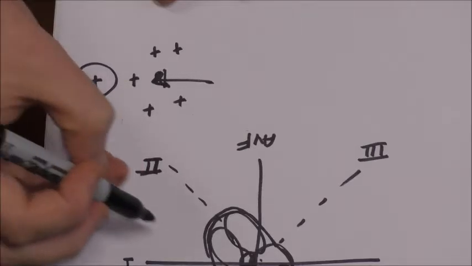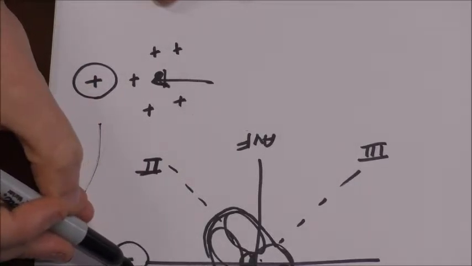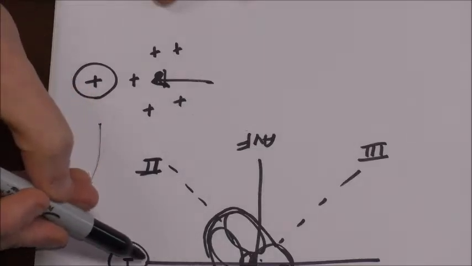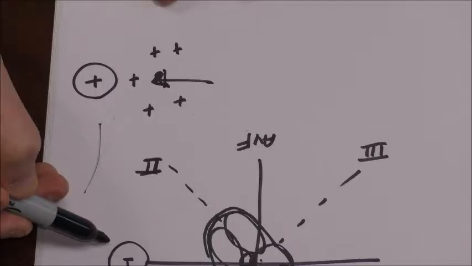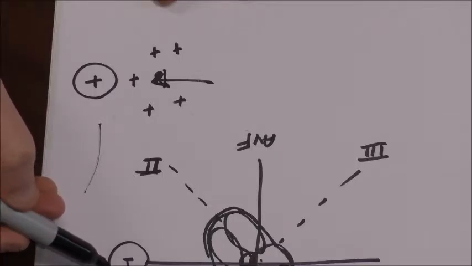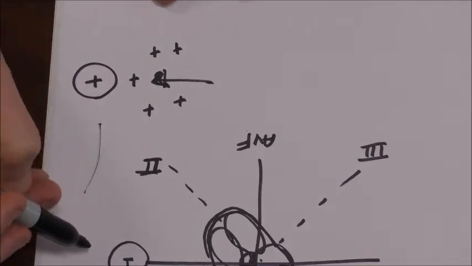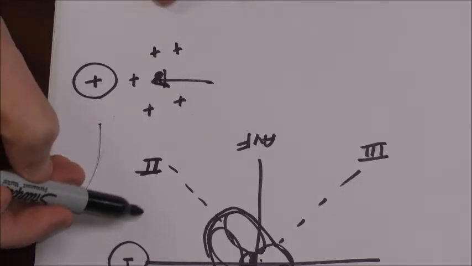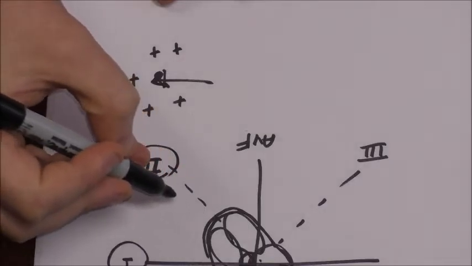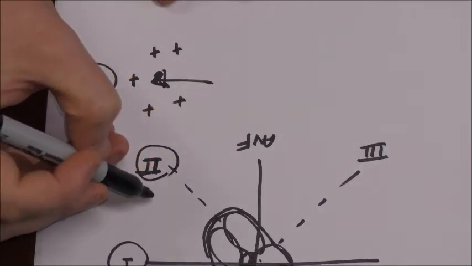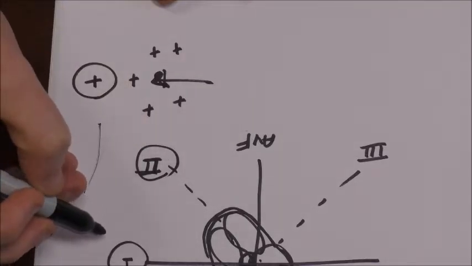But if you were to go to, for instance, lead 1, you probably would still have a positive R wave, but you might start getting some negative waves as well, because part of that vector is also traveling away from it. So the further away that you move from this lead, which is the actual axis, let's say, then the more S component, the more negative component you'll start getting.